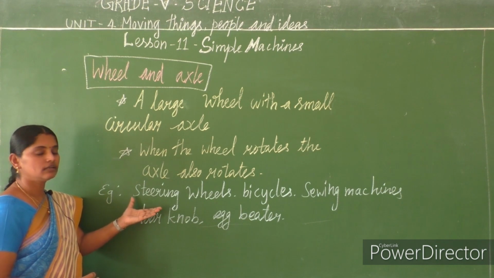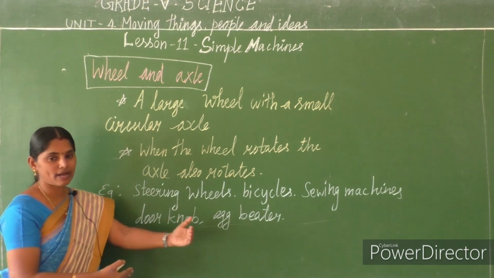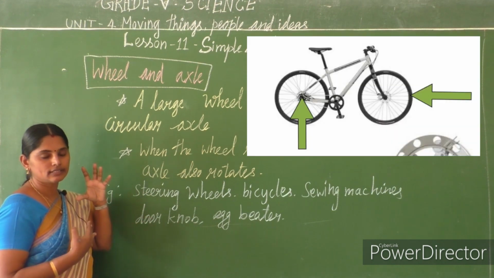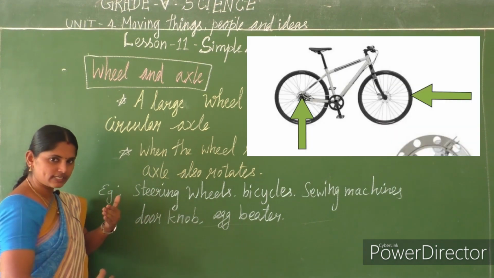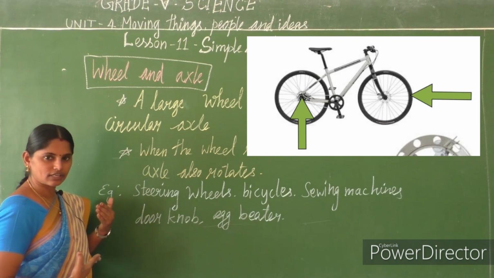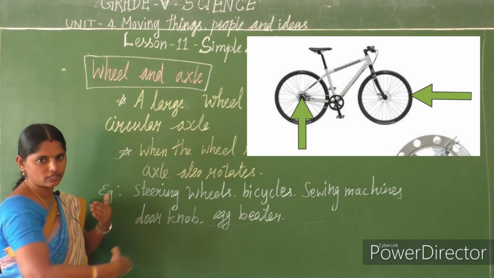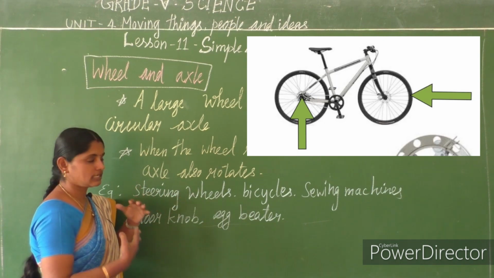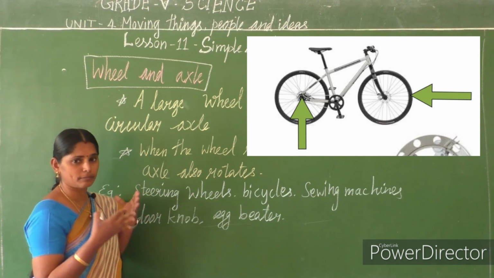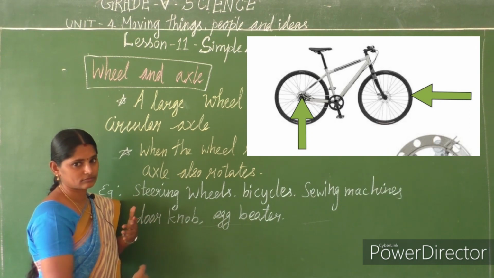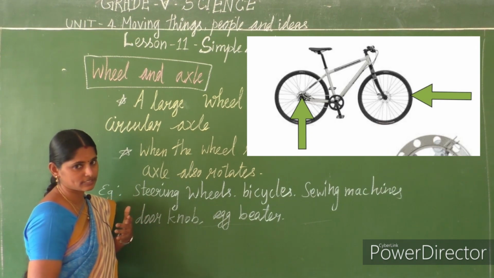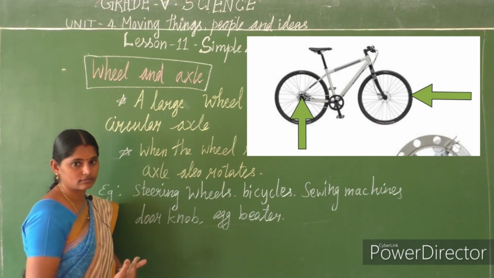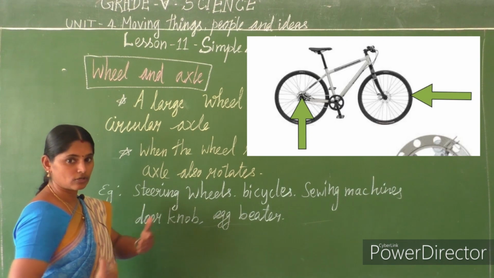In your bicycle you have wheels, no? Notice it clearly, the wheel is there, and in the center is the axle. When it rotates, the wheel turns, isn't it? In your bicycle you can see many wheels and axles, a combination of many simple machines. See the pedal, the same wheel and axle movement.